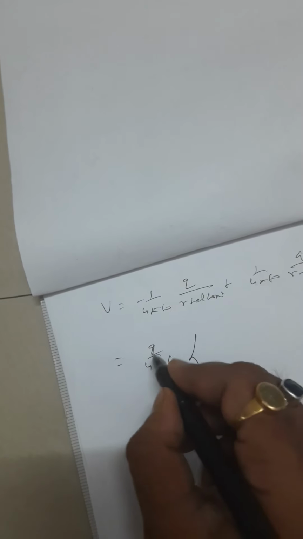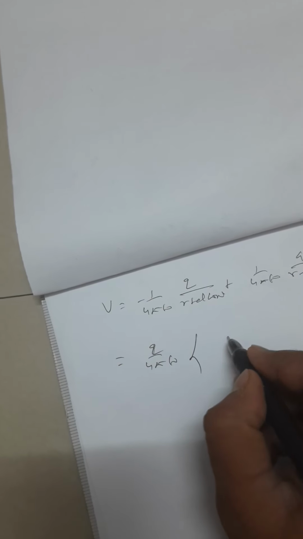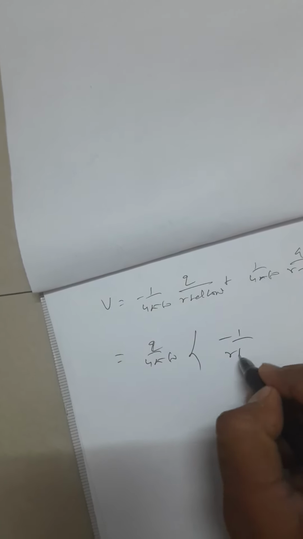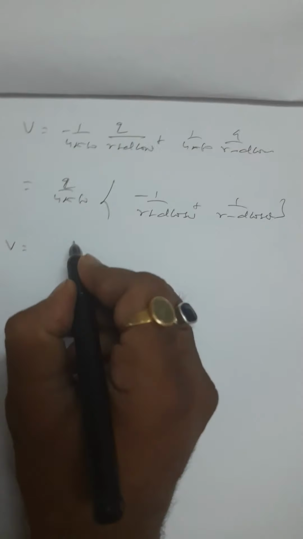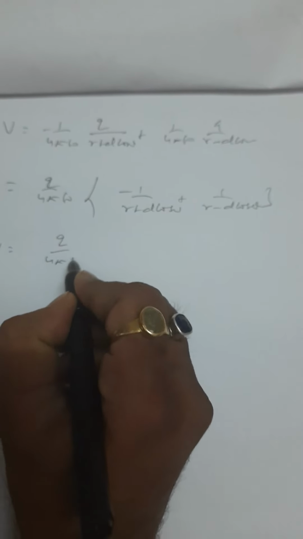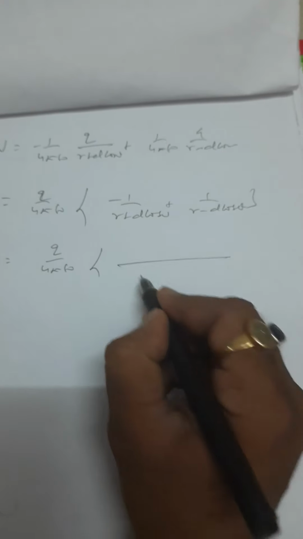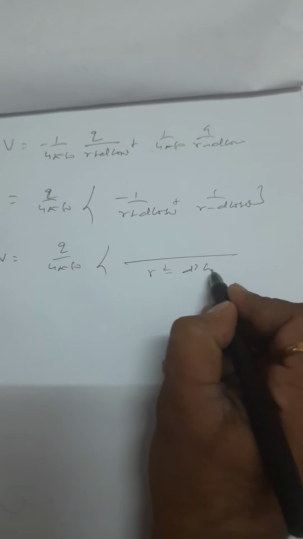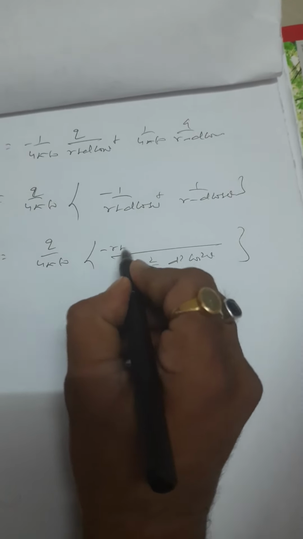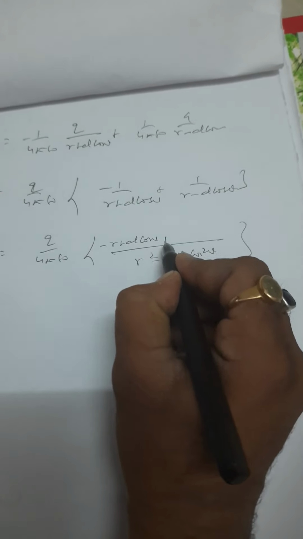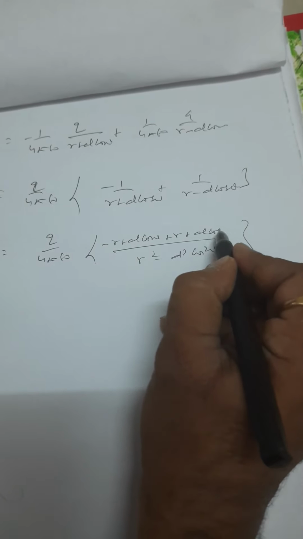We'll take out the term Q by 4 pi epsilon naught, which is common to both, and we'll get minus 1 by R plus D cos theta plus 1 by R minus D cos theta. So V will be equal to Q by 4 pi epsilon naught times R square minus D square cos square theta, and we'll get minus R plus D cos theta plus R plus D cos theta.